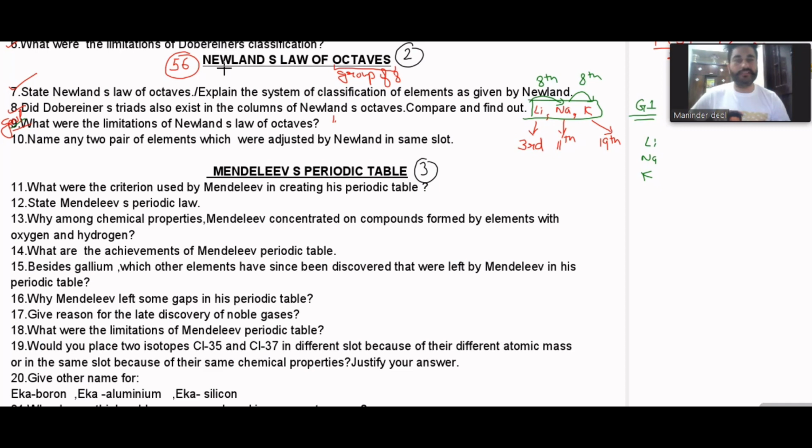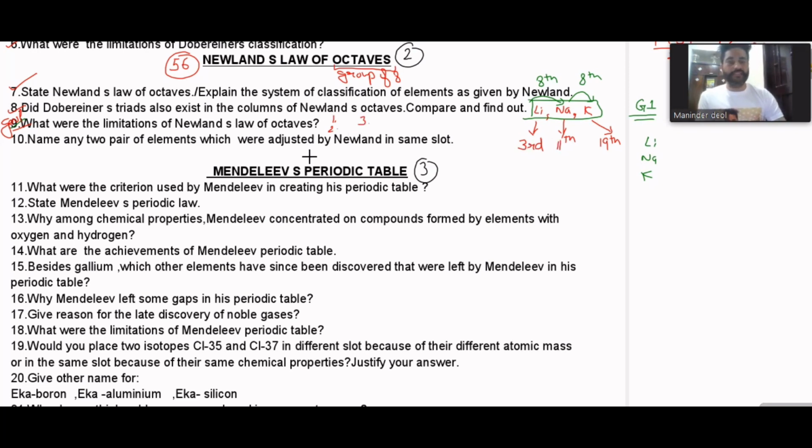After 56, today there are a total of 118 elements. Second limitation: the law of octaves concept, that the property of the 8th element is similar to the first, was valid only for lighter elements up to calcium, and after calcium the property of every 8th element did not match with the first one.